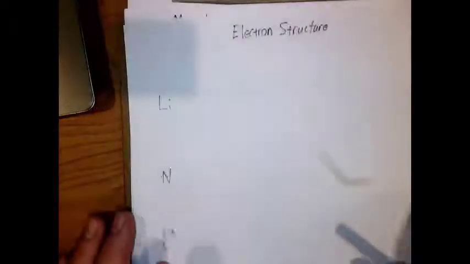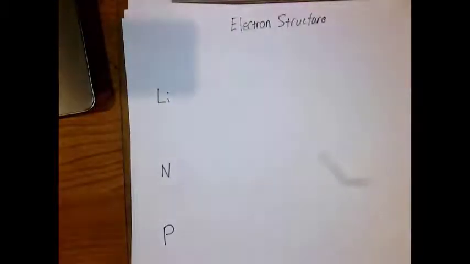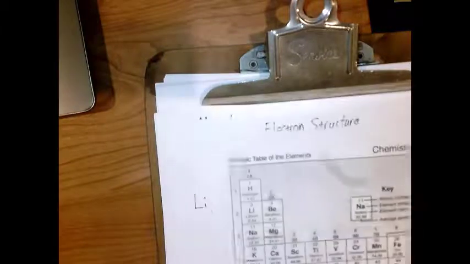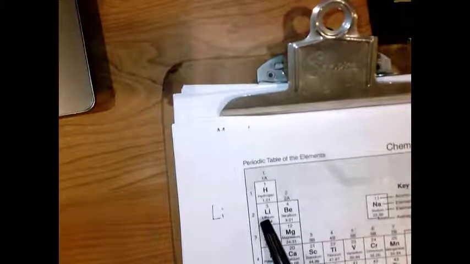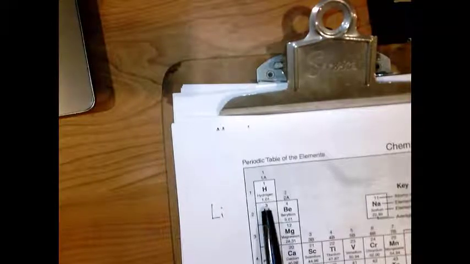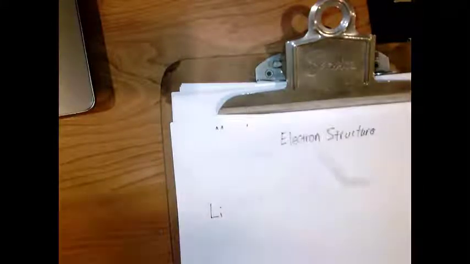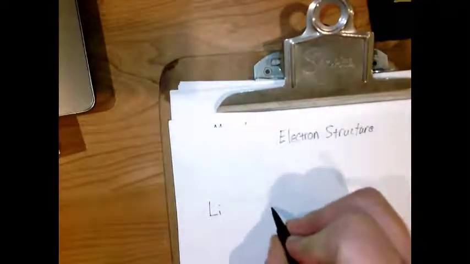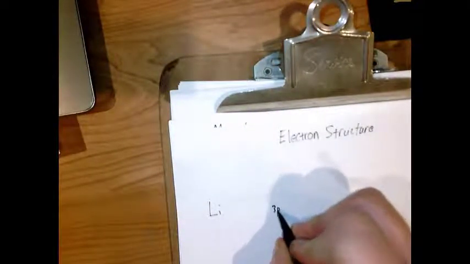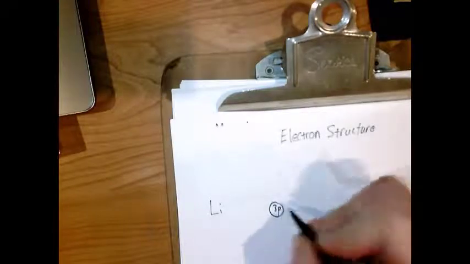Let's practice drawing what that might look like. So I've got my periodic table, and we're first going to look up lithium. So lithium's right here, Li, and it has 3 electrons. So just for fun, I'll put 3p in here.